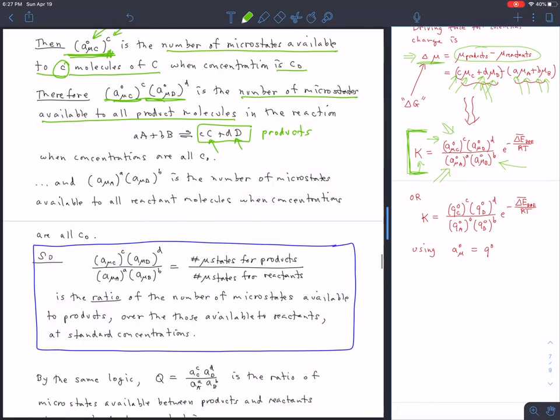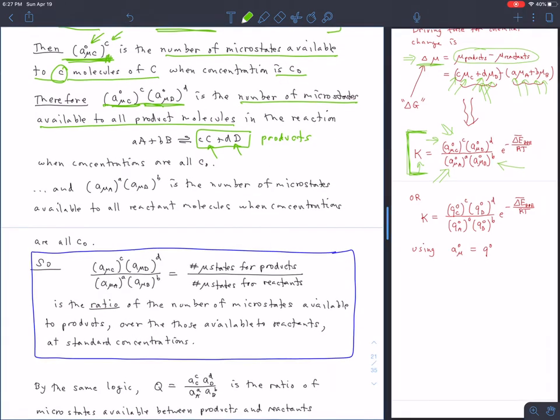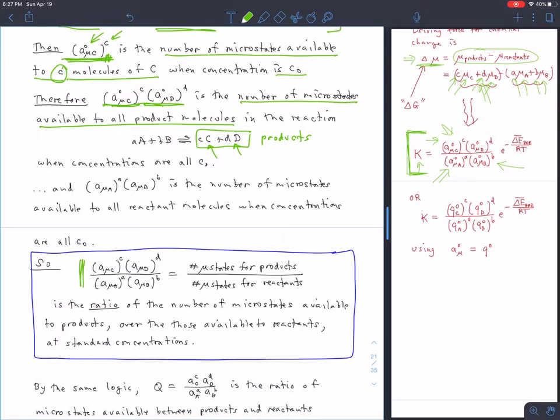And so that whole complicated cluster of things, complicated symbol names and everything, is really something simple in the end. It's just the ratio of the number of microstates available to the products divided by the number of microstates available to the reactants.